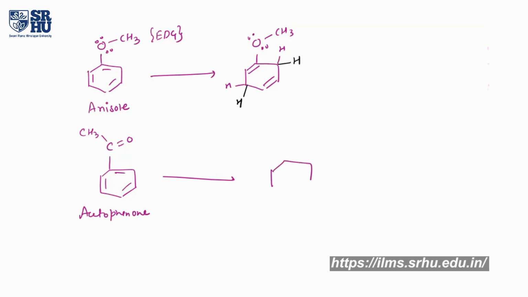So when there is acetophenone, you see that the double bond or the protonation is done basically at the first carbon, the carbon bearing the functional group, and this is how the products are formed.